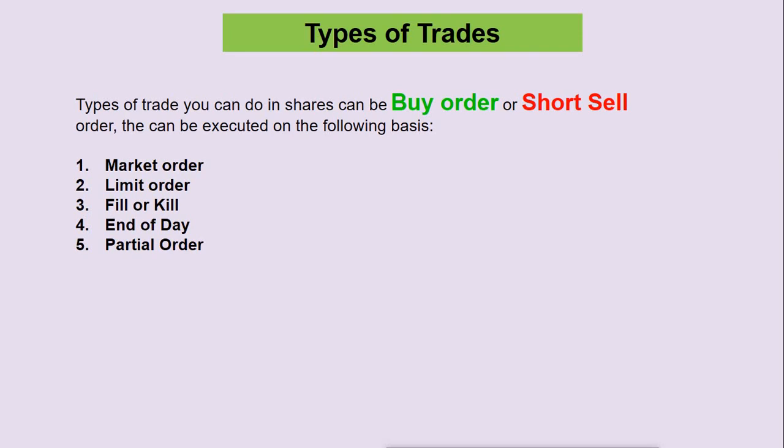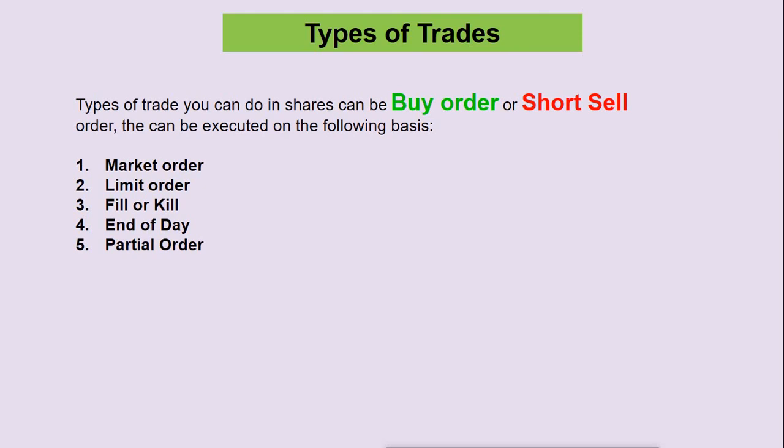Now, a partial order happens whereby your order is not fulfilled 100%. Suppose you place a limit order for 1,000 shares at $1. Your broker goes into the market and finds 300 shares at $1. He's going to buy those 300 shares and put them in your name. Then he's going to wait again until he accumulates 1,000 shares.